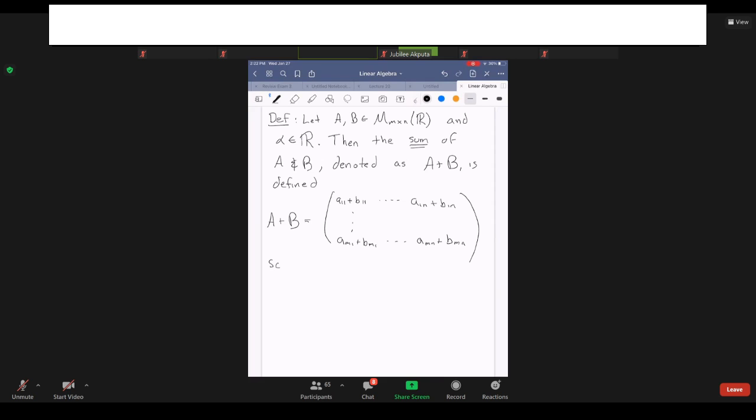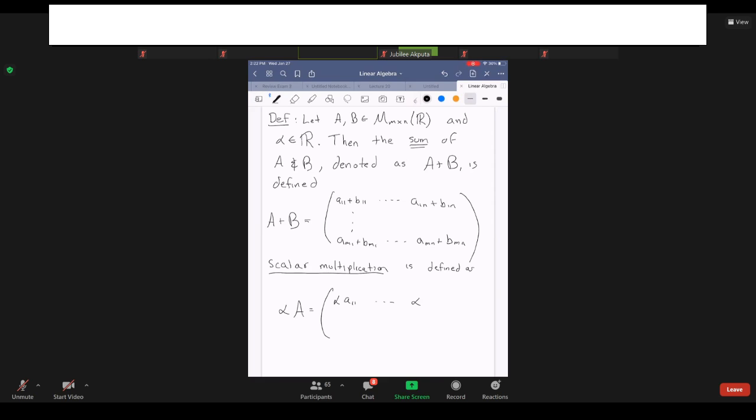So, and then also we have scalar multiplication, right? It is defined as, let's say I want to take the alpha and then multiply by my matrix A. Well, that amounts to literally just multiplying every entry by alpha, right?